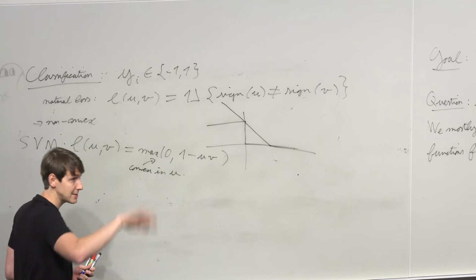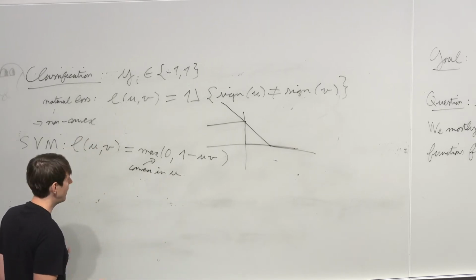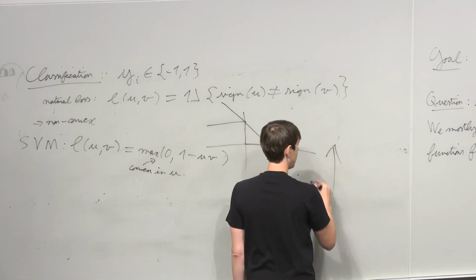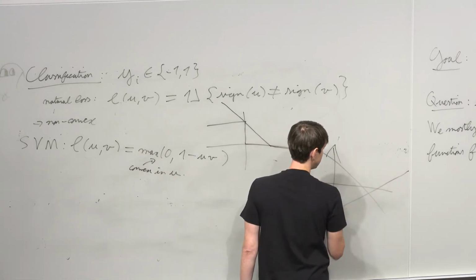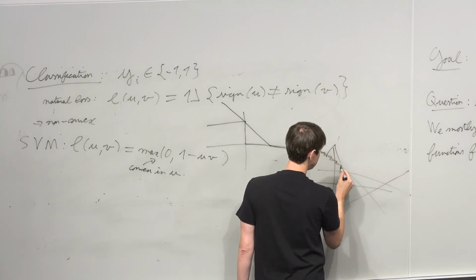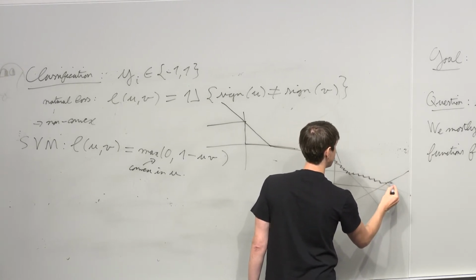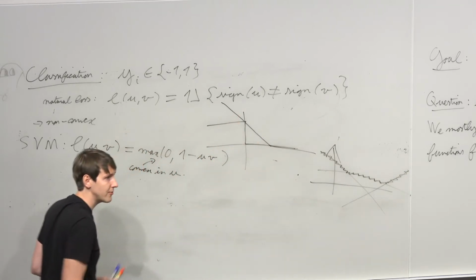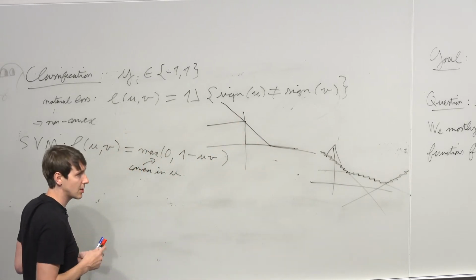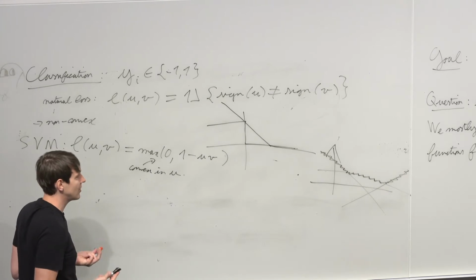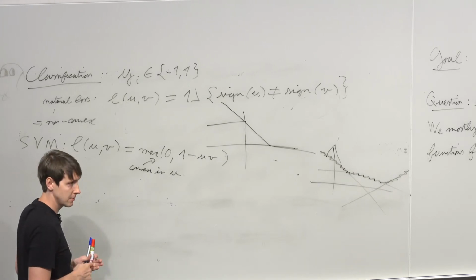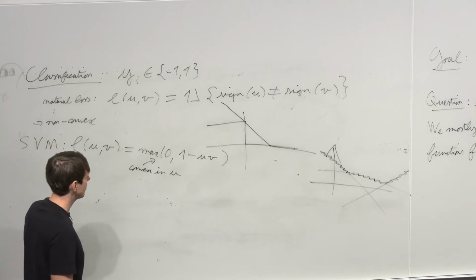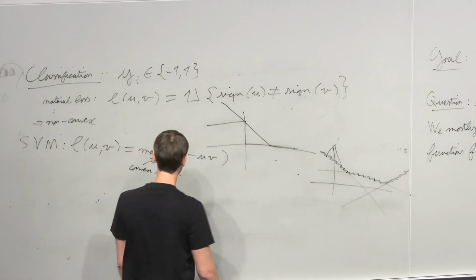If you take the maximum of linear functions, then you always end up with a convex function. Here is a picture: if you take this, this, and that, then this function is convex. Take any number of linear functions, take the maximum of them, and this is a convex function. In fact, all convex functions can be written like that: all convex functions are the supremum of a set of linear functions.